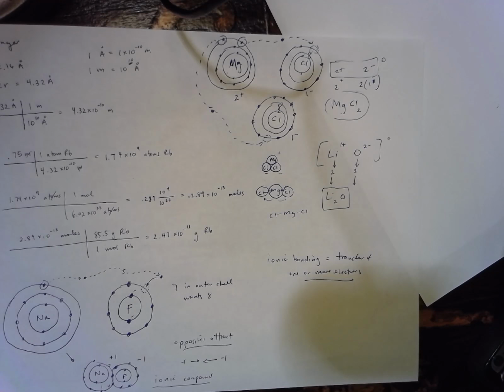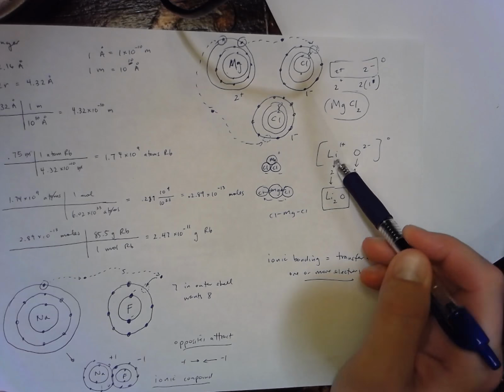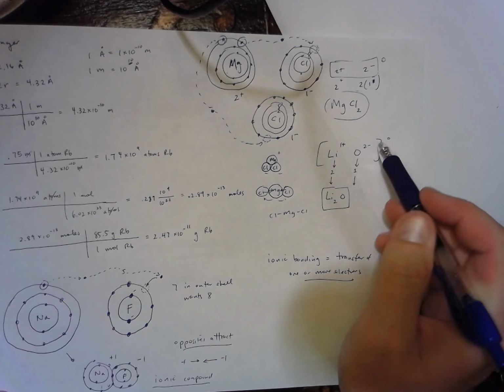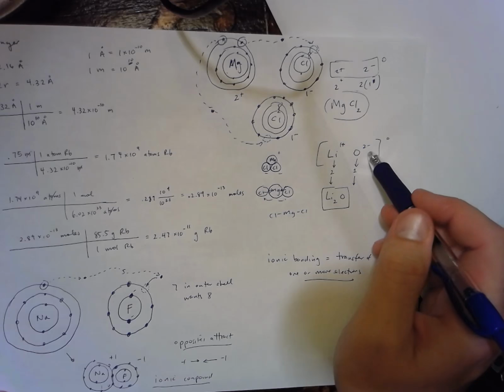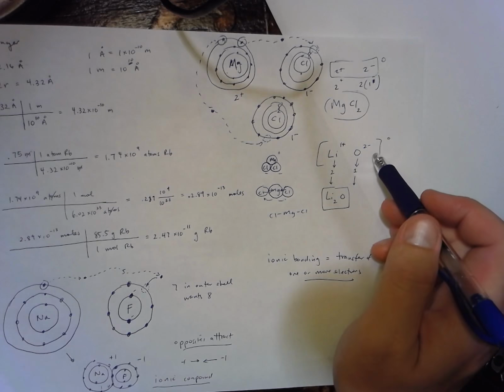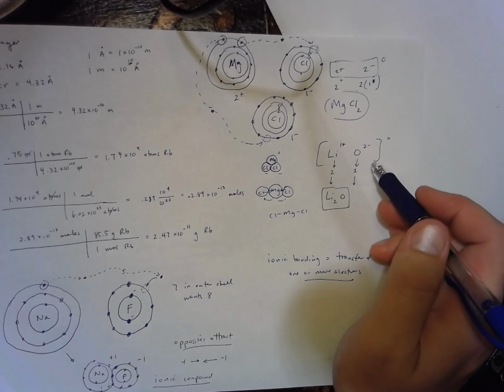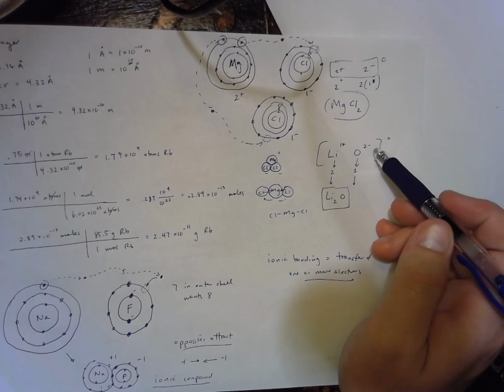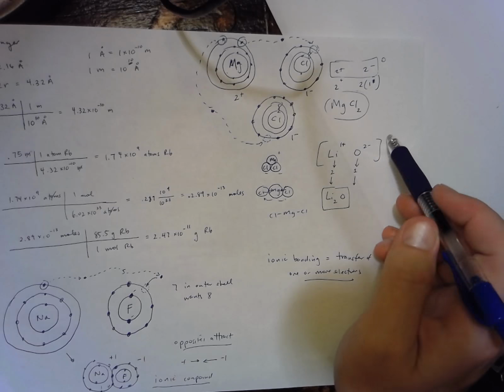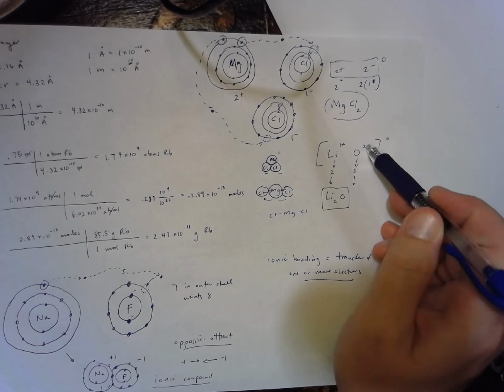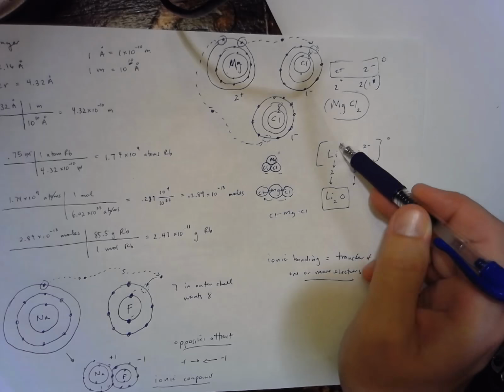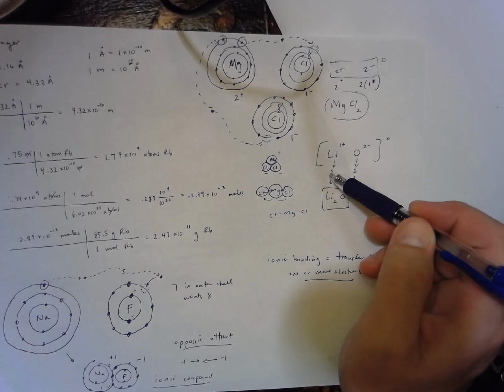All right, so we look at lithium. He's in the first column, the first group. Oxygen is in the second group to the left of the noble gases. All right, so he's a -2. And so we only need one of these to absorb 2 electrons from 2 separate lithium ions.